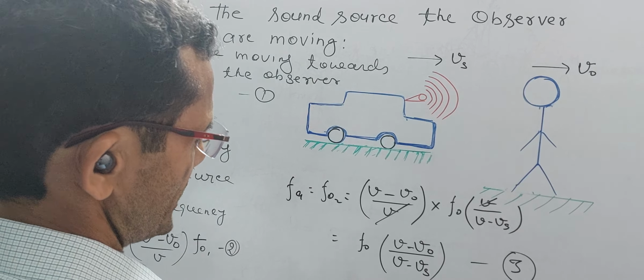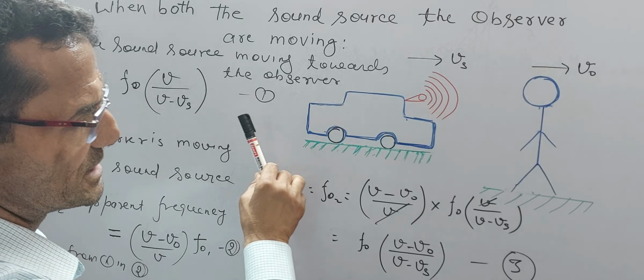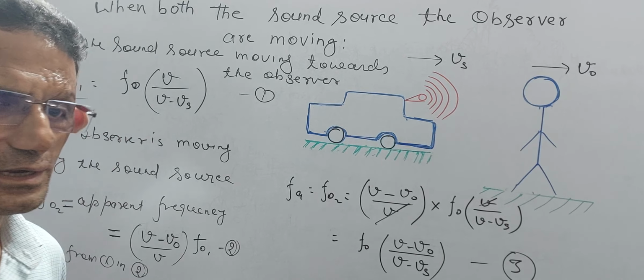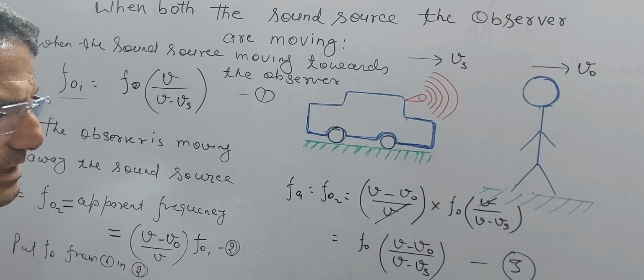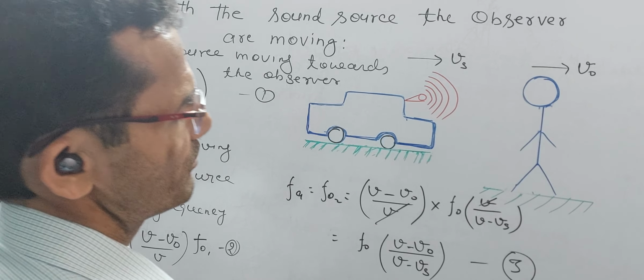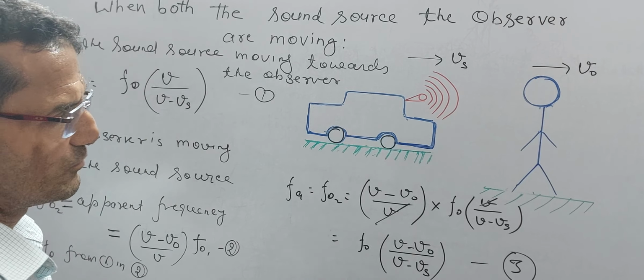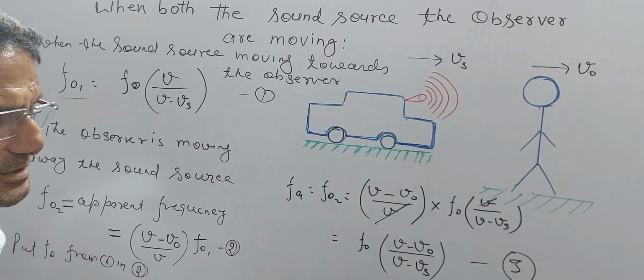So whenever the source moves in the direction of the speed of sound, the source velocity should be positive, and when the source moves away from the sound velocity, the source velocity should be negative.